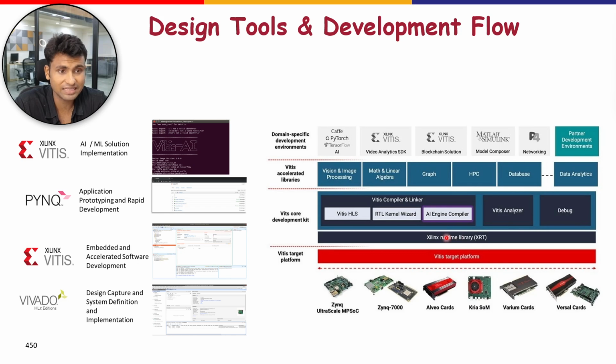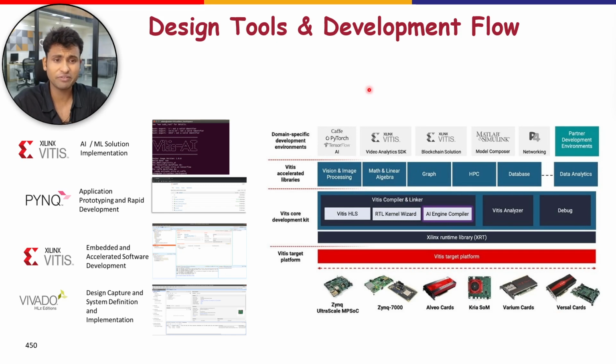Then we have the Xilinx runtime, popularly called XRT, that provides a uniform API for communication between the host application running on the CPU and the programmable hardware. It handles all the data movement, kernel execution and system control. And finally we have the Vitis target platform, which can range from Zynq UltraScale MPSoC to Zynq 7000, Alveo cards, Kria SOMs, the newer Versal cards.